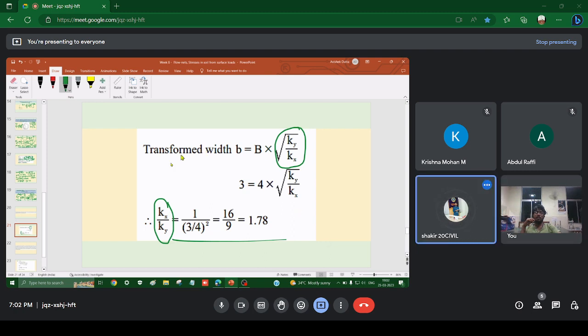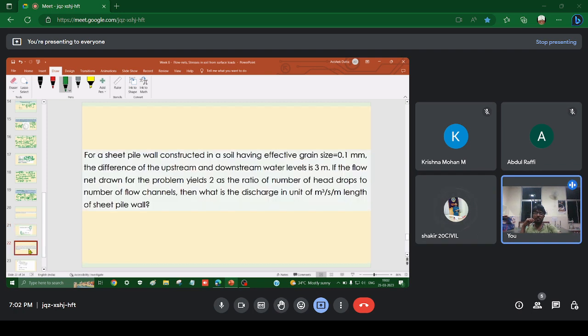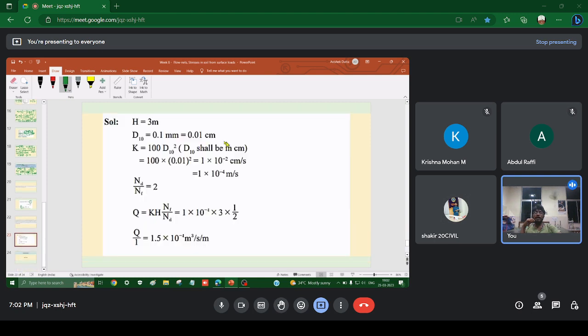Yes, sir. Okay. So last sum was this one. Someone asked where is the value of k given, the permeability coefficient. So k you have to find out like this: k equals 100 d10 square, d10 in centimeter. This is the empirical formula for k when it is not given to us.